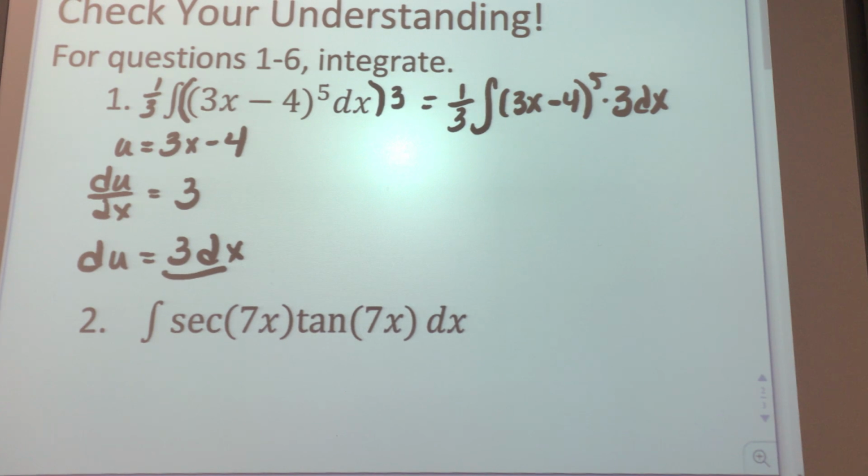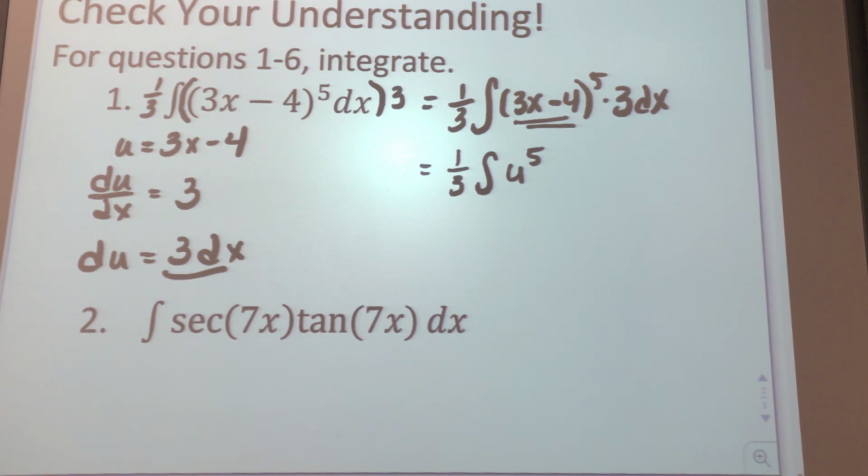So our next step is to rewrite this in terms of u. So after this step, in our integral, we shouldn't have any x's. So because u is 3x minus 4, I can rewrite that as u to the 5th.